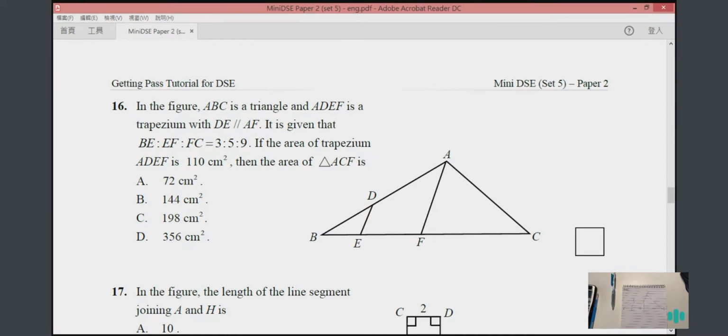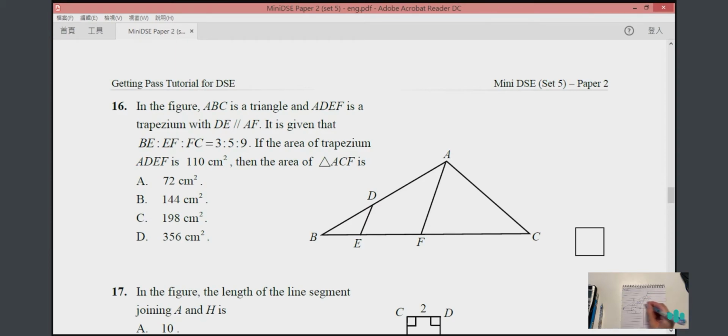First of all, you have a trapezium, DE parallel to AF, and the ratio BE to FC is 3 to 5. If the area of trapezium ADEF is 110, then find the area of triangle ACF.